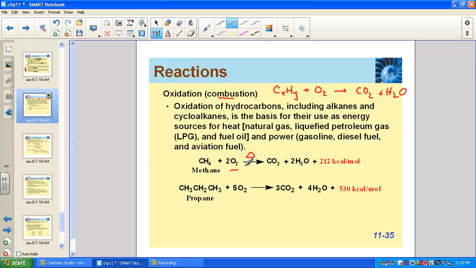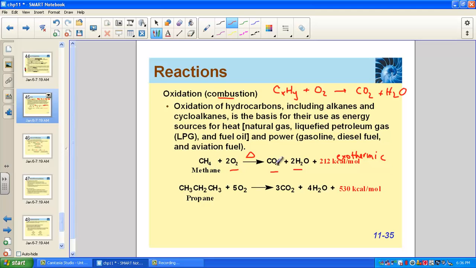That little triangle, remember, the arrow represents heat. A complete combustion is going to produce carbon dioxide and water, and a very exothermic value, heat releasing, simple burning of natural gas called methane. We probably heat your home with natural gas.